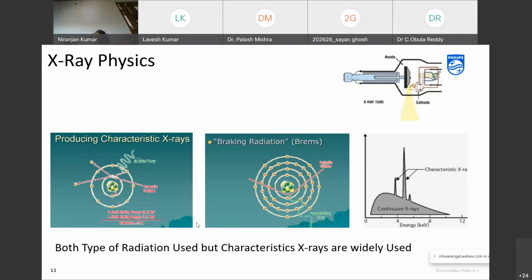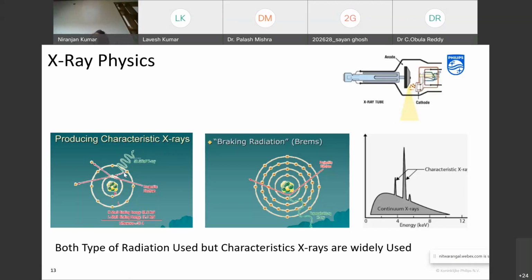The moment it displaces the inner electron, there is a vacancy, and the atom becomes unstable. So an electron from the outer shell jumps to the inner shell. You all know from physics that the outer shell has more energy, and when it jumps to the inside shell, energy is released, because of the conservation of energy.